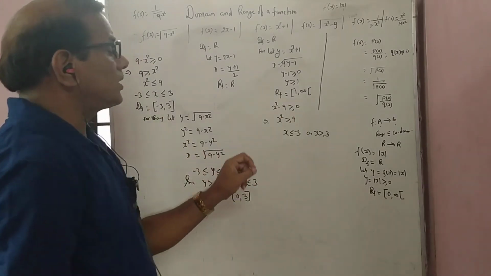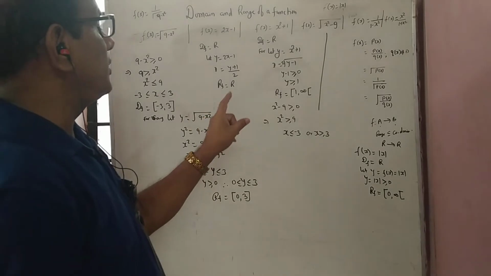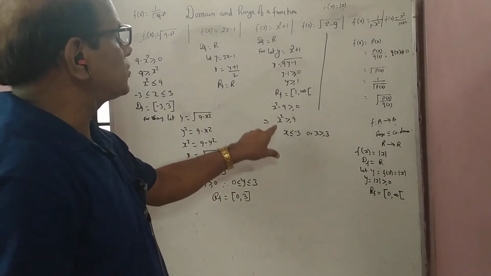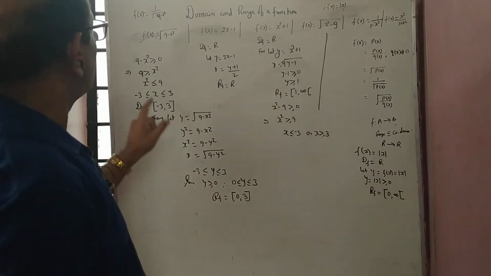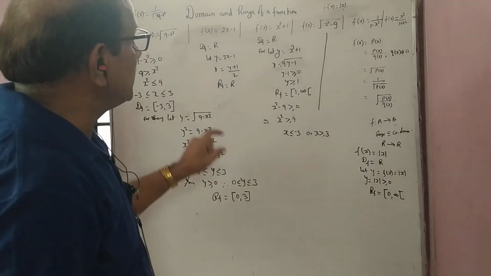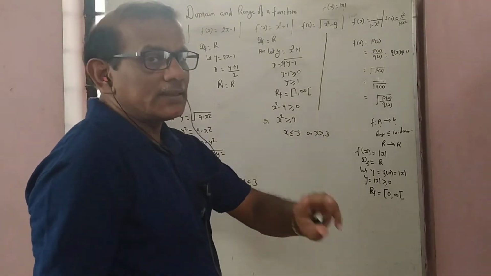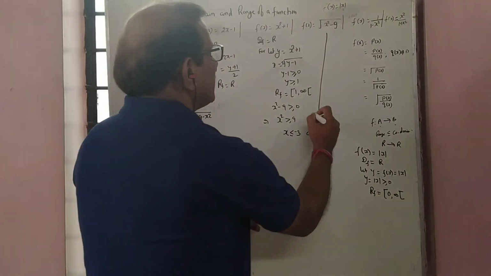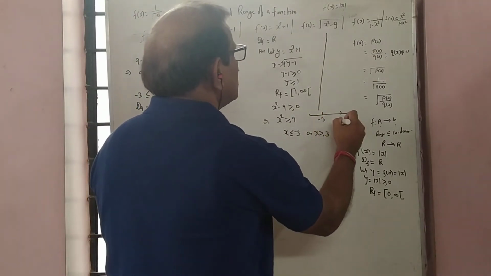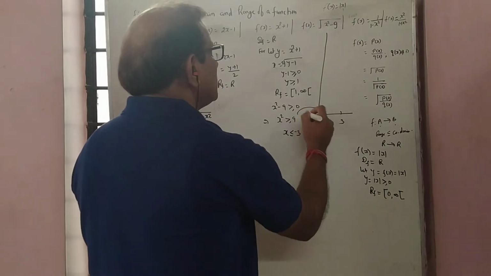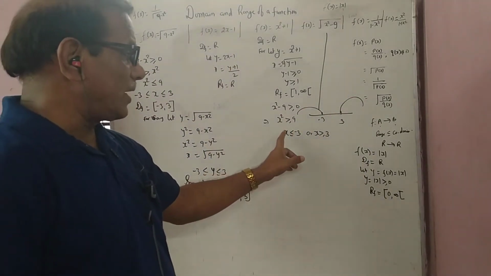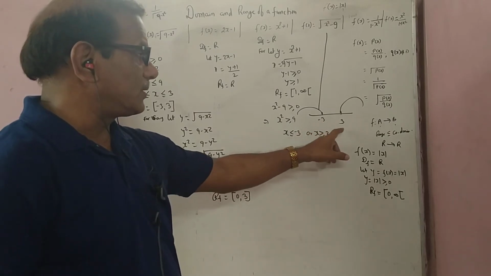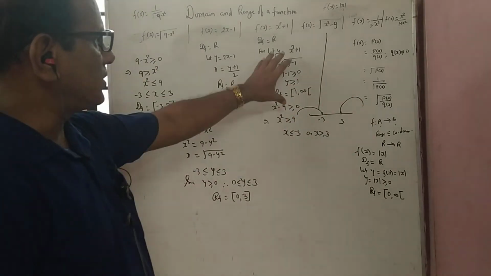Greater than or equal to a constant means only those values of x are possible for which the square is more than 9, and here less than 9. So here x lies between minus 3 and 3, and here it does not lie between minus 3 and 3. On the number line, with minus 3 and 3, the value of x is less than minus 3 or greater than 3. The values of x lying between minus 3 and 3 are not possible in this case.